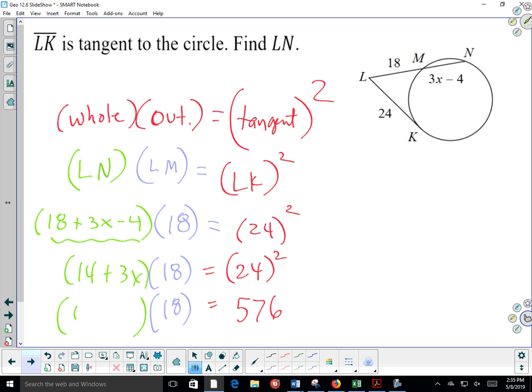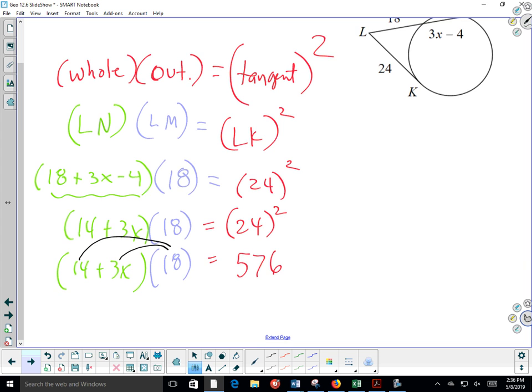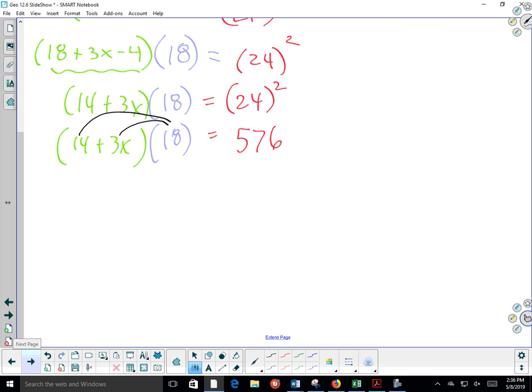Just distribute. Okay, distributing the 18, talk me through that. So 18 times 14 is 252, plus 18 times 3 is 54x. 54x equals 576.